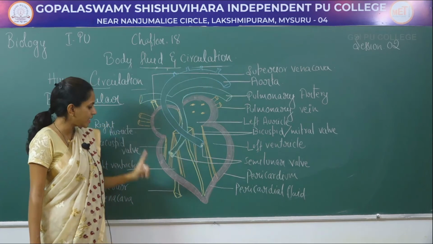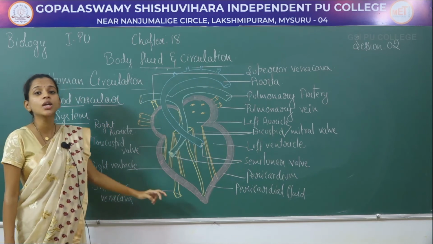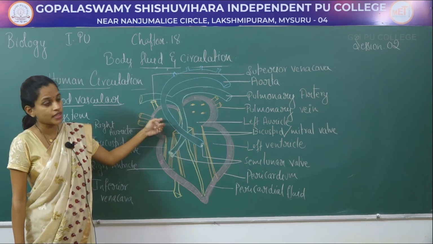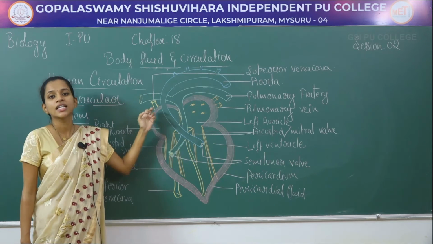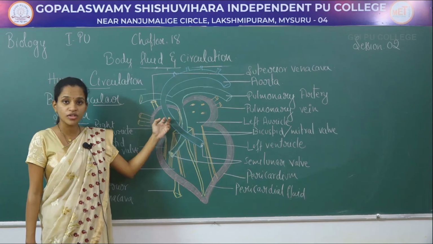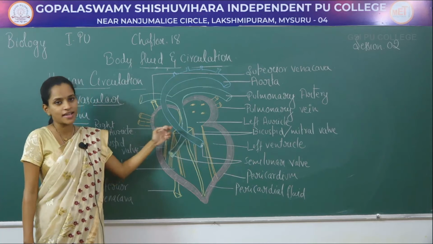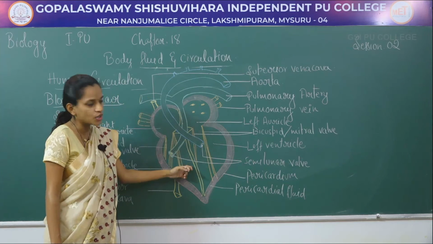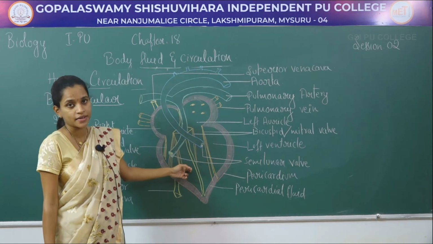From the superior and inferior vena cavas, the deoxygenated blood is brought into the right auricle, which when 3/4 filled opens up the tricuspid wall so that the deoxygenated blood is transferred into the right ventricle.